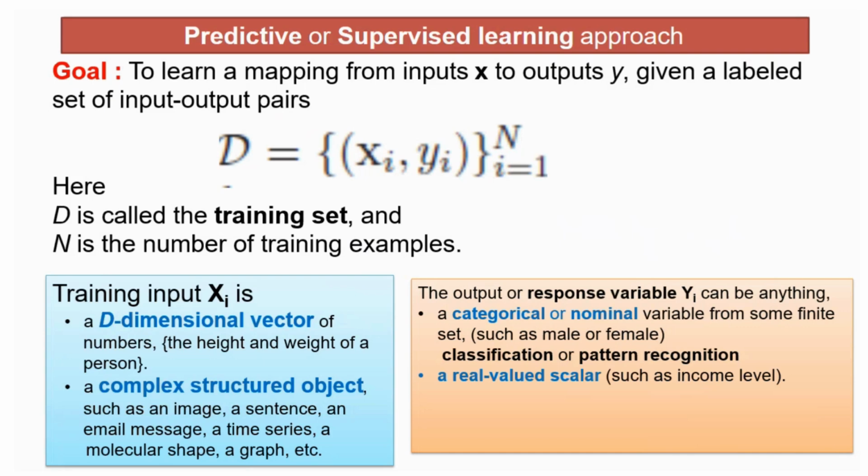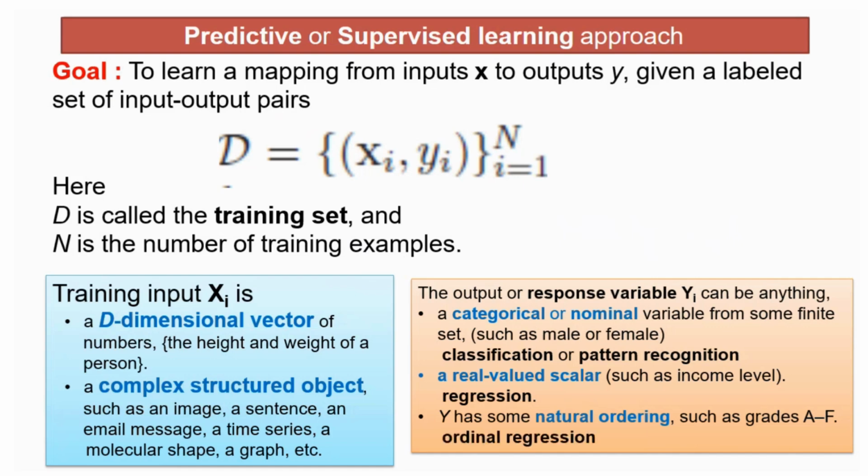And in the case of a regression kind of task, the output could be a real-valued scalar. For example, what the income level may be, or what the stock price may be in the coming days. That is prediction. So regression tasks use real-valued scalars. If you are doing ordinal regression, your y could have a natural ordering like A to F, or any grade 1 to 5.